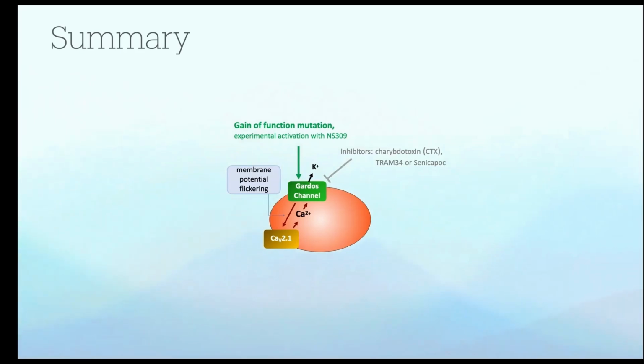But this would also be a kind of self-inhibition, as we have seen, because if the Gardos channel remains open, then the CaV2.1 channel would not open further. Also here we have the pharmacological tool, the omega-agatoxin TK, as we have seen.